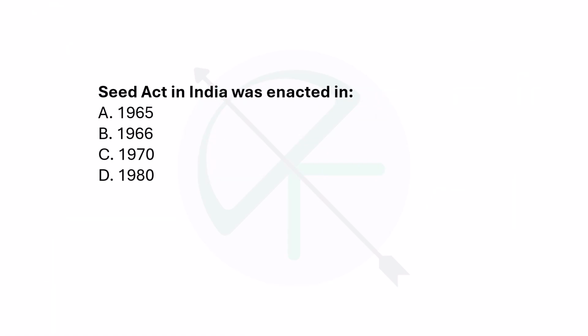Now today's last question is, Seed Act in India was enacted in 1965, 1966, 1970 and 1980. So the right answer for this question is 1966. Seed Act was passed in this year. What does it deal with? Let me write it here.